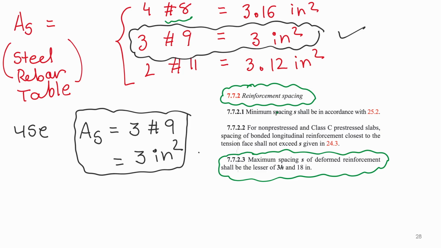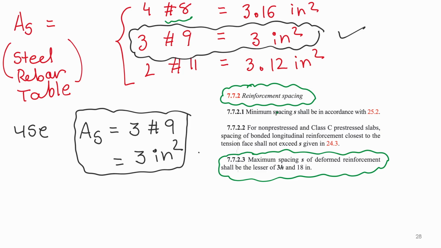So what we can pick: number 8, which is 3.16, 3 number 9, or 2 number 11, which is 3.12. Or in our case, we can pick 3 number 9. Again, it's your design. You can pick 4 number 8, or I don't know, number 10 rebars. I picked 3 number 9, which is 3 inch square.